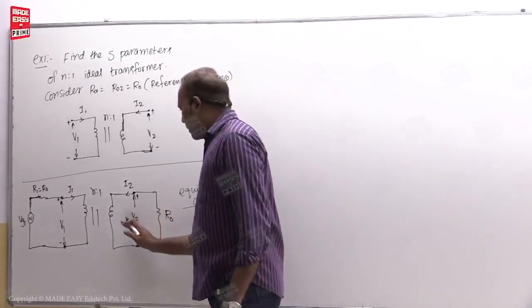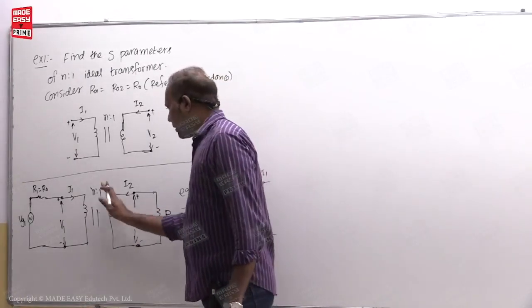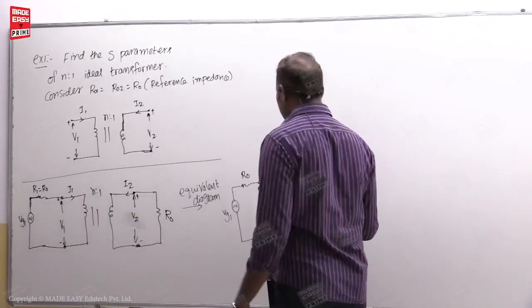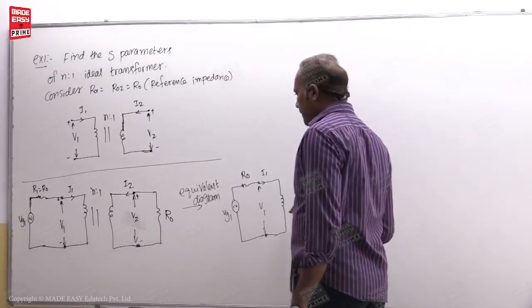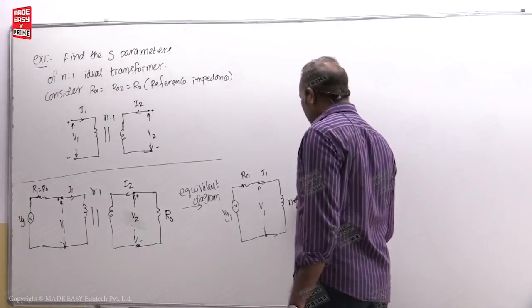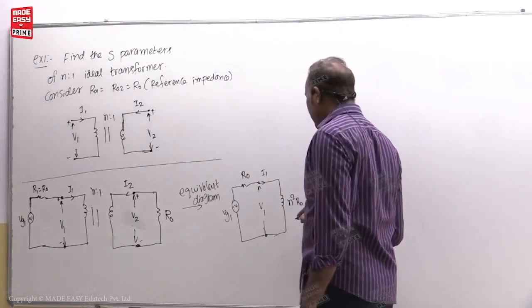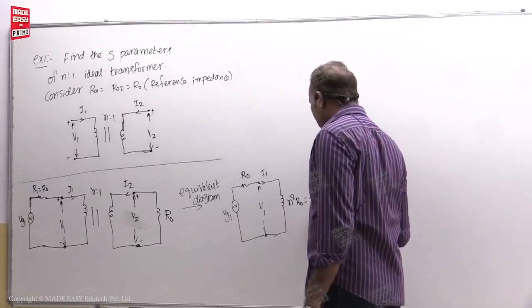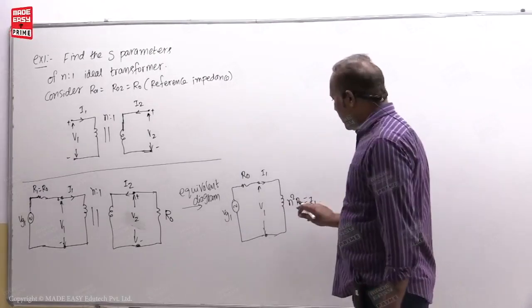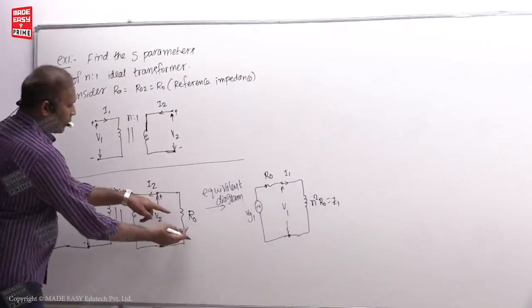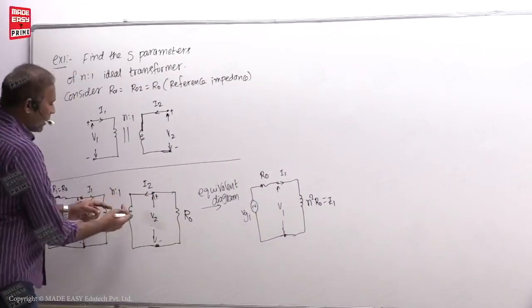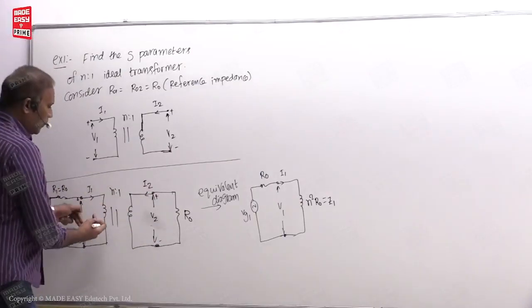Now I can transform this impedance R0 into the equivalent terms for n is to 1. Now this becomes n square into R0 impedance, that is nothing but Z1 now. You know how it is Z1? This equivalent load impedance R0 for an n is to 1 transformer, I can write at the input side.